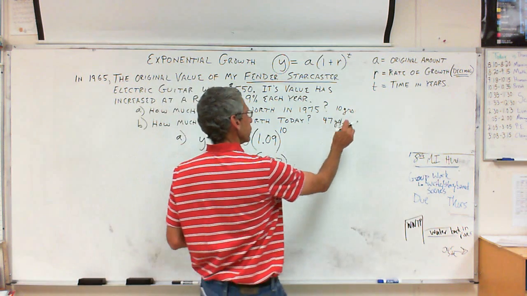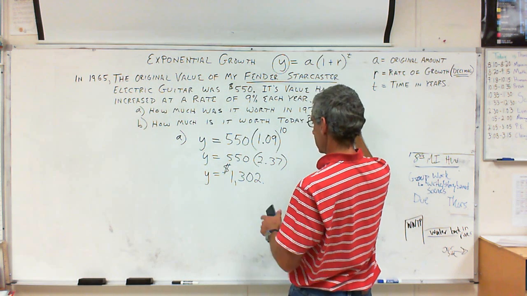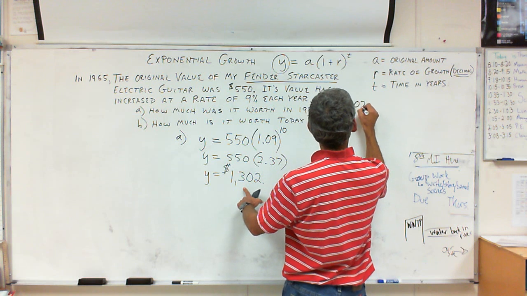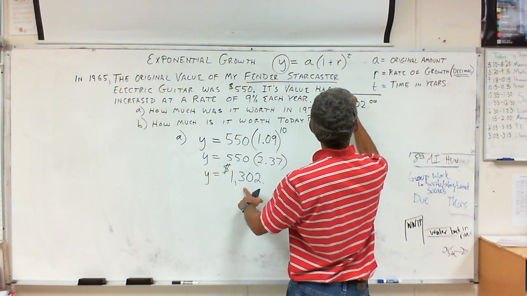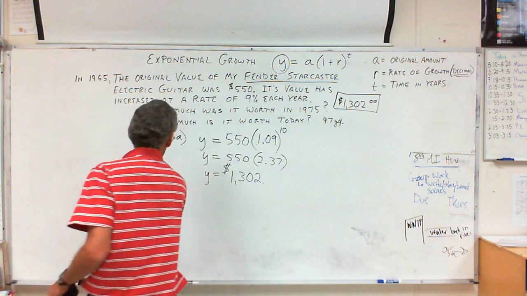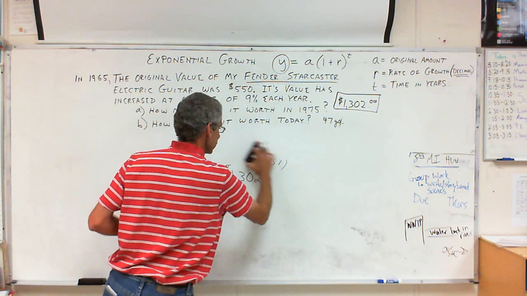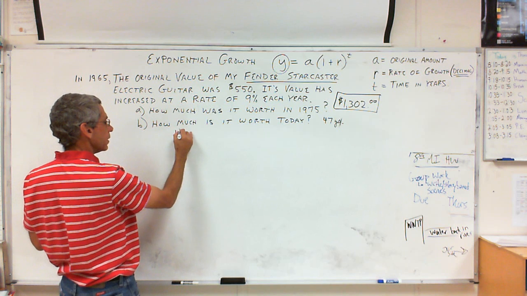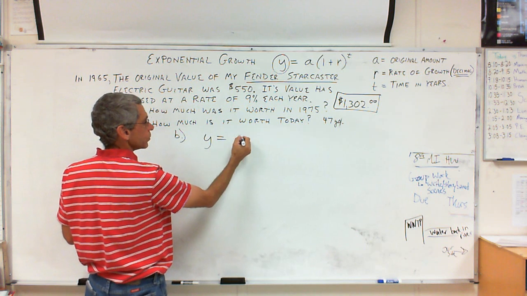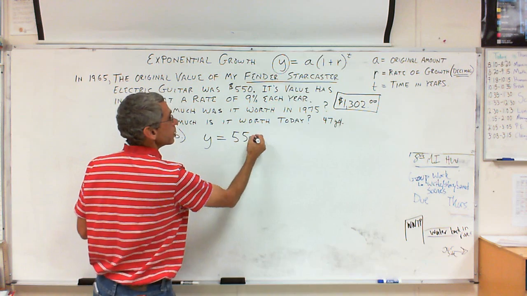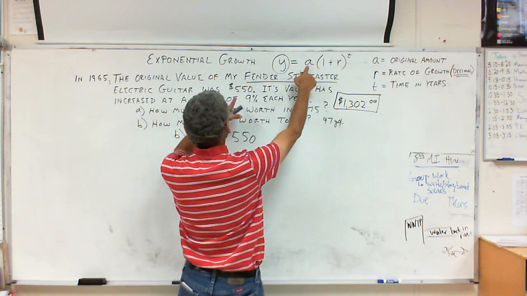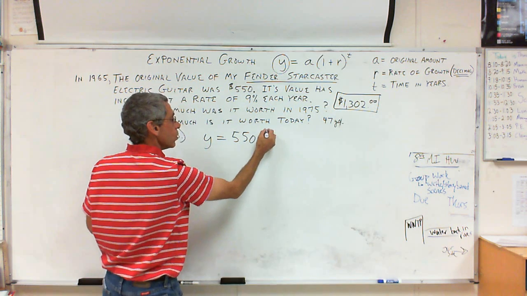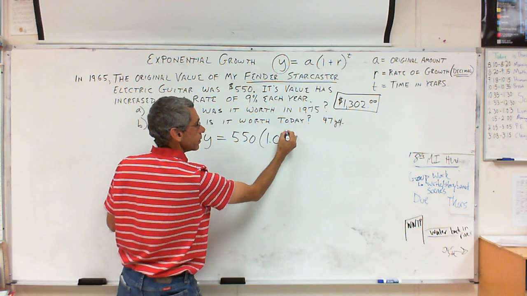So let's see. The answer to the first one, for A, was $1,302. Now we're going to do our answer for B. Same thing. Y is equal to 550, that's my A, my original amount, times 1 plus 0.09, which is 1.09.